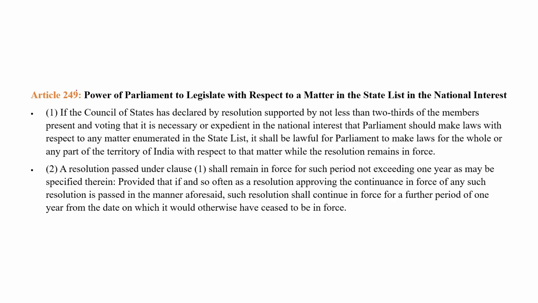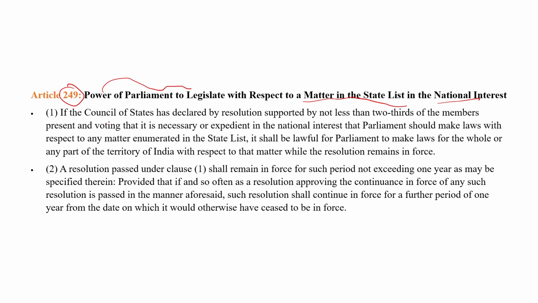Okay, next question. Article 249 explains the power of Parliament to legislate with respect to a matter in the state list in the national interest. Let's suppose there is a topic which is explained in List 2 of the Seventh Schedule, meaning only the state can make law on this topic, but in some cases Parliament also has the right to make law for that list if it is in the national interest.